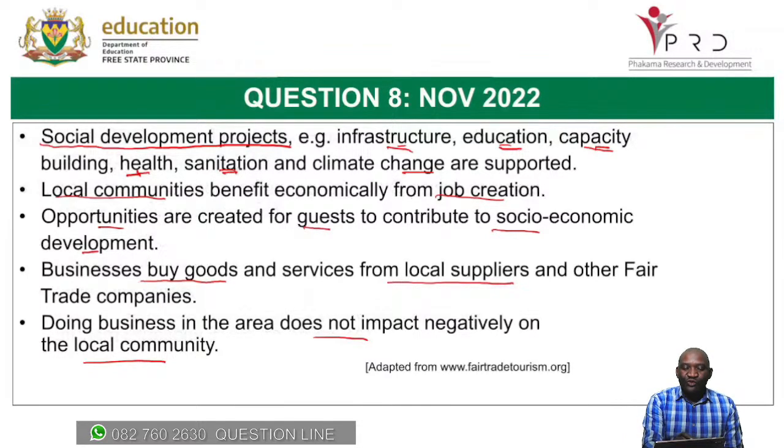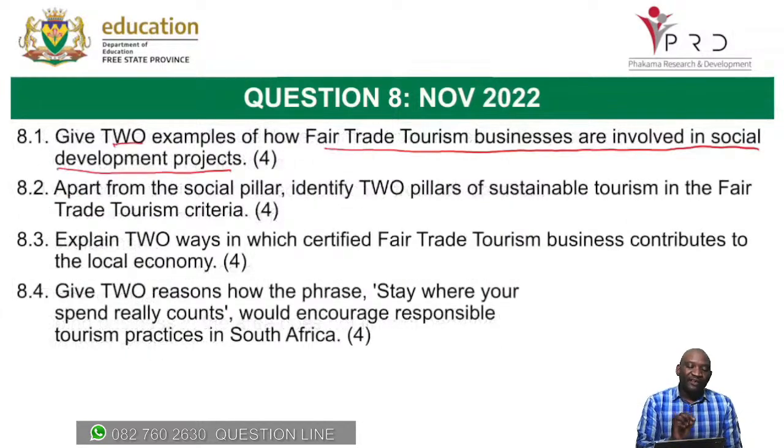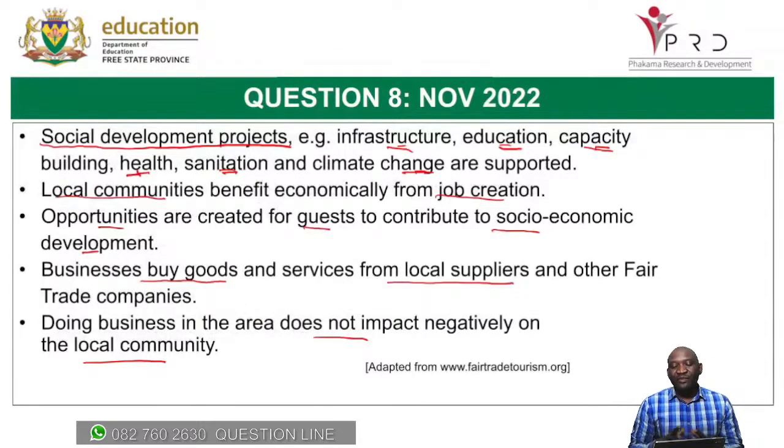So what are we supposed to do? We're supposed to choose any 2. Give 2 examples of how fair trade tourism businesses are involved in social development. So it simply means that these businesses that are certified by fair trade tourism, they are doing either one or many of the following. They're involved in infrastructure, education, capacity building, health, sanitation, and they're also trying to help mitigate the problems of climate change.